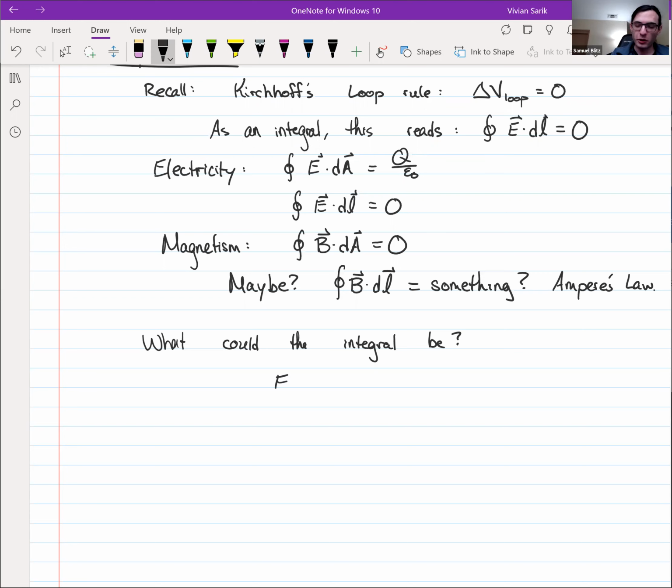So if we're talking about electricity, we have charge. What is the charge equivalent of magnetism? Well, we know that the way you produce electric fields is by having some charge. The way you produce magnetic fields is by having some current.